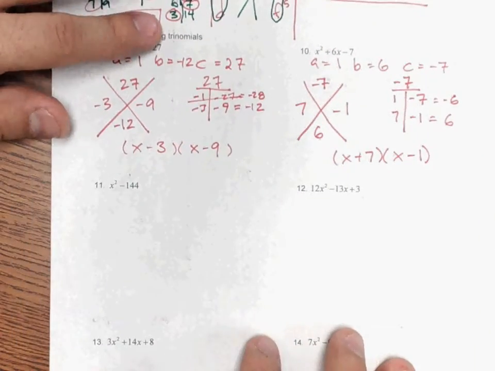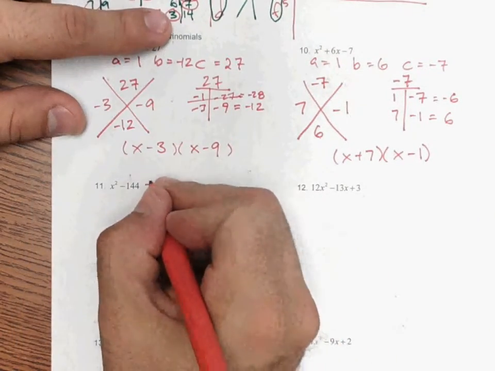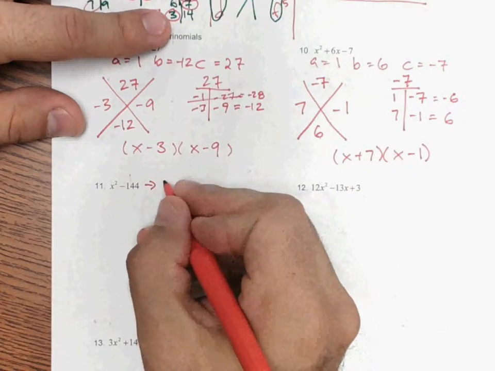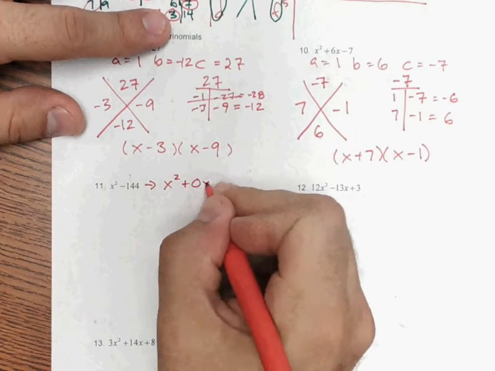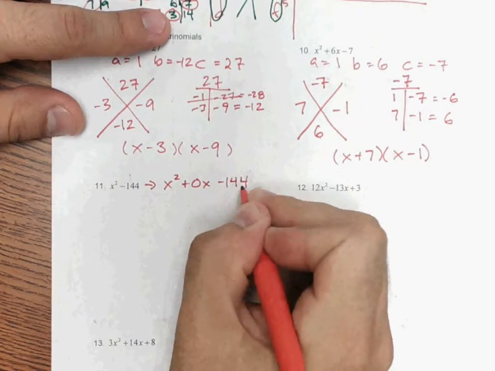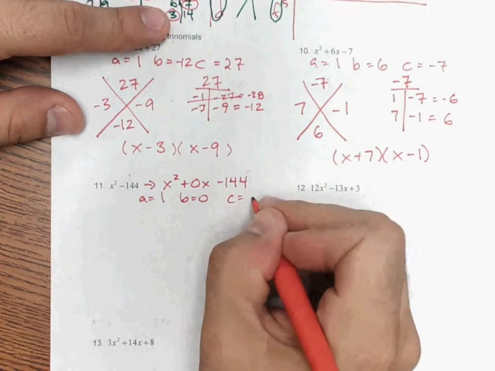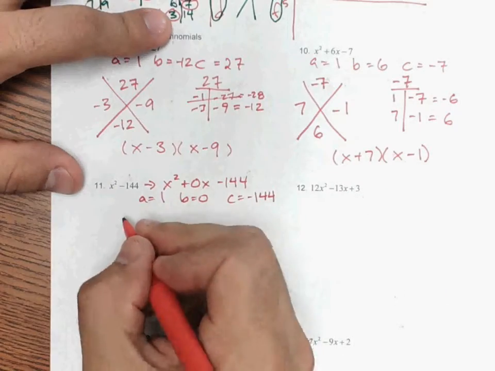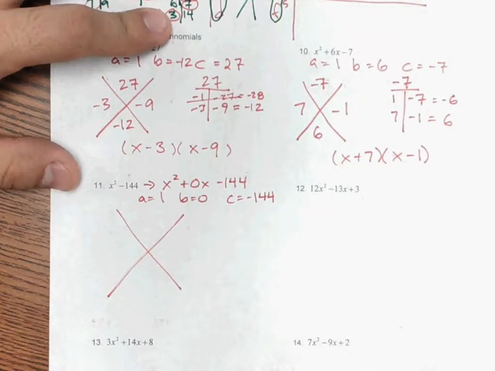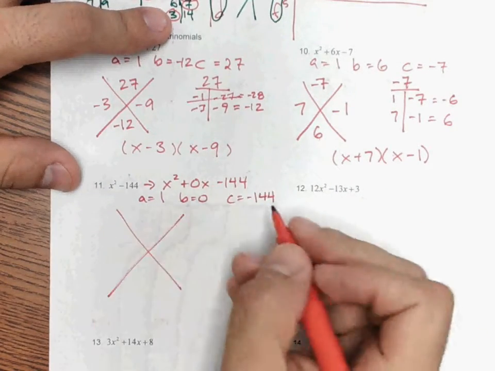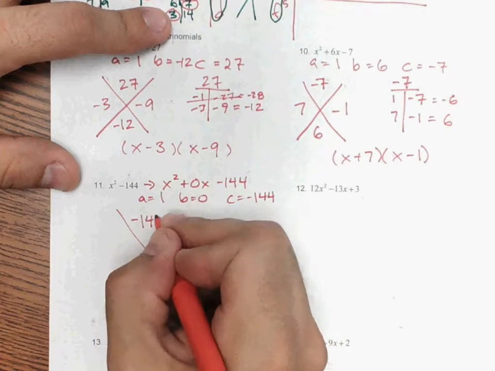Next one, I have x squared minus 144. So remember, when there's no middle value, that middle value becomes 0. So A equals 1, B equals 0, and C equals negative 144. Okay. 1 times negative 144 is negative 144.